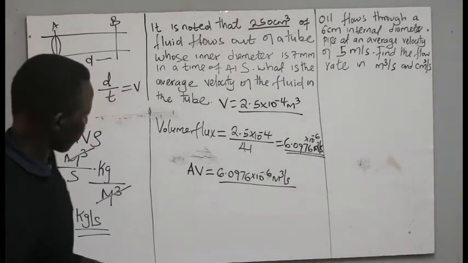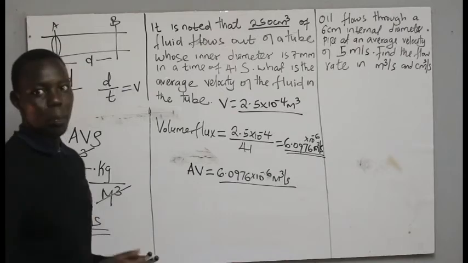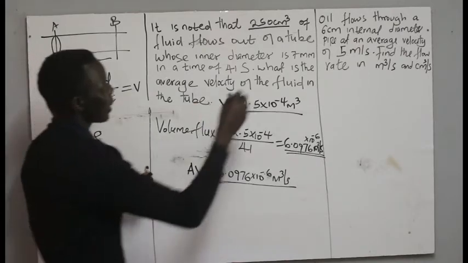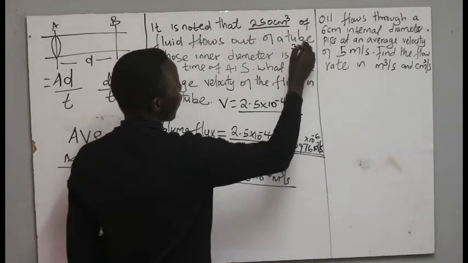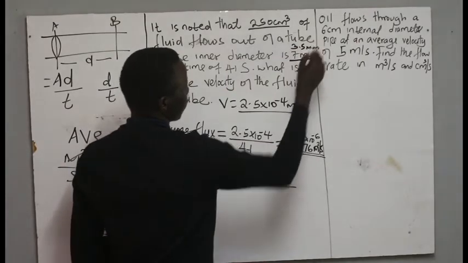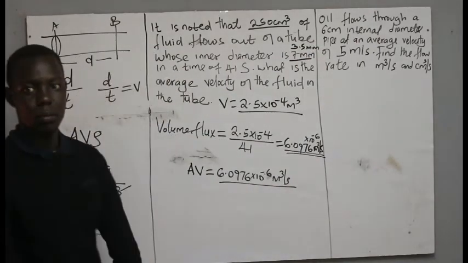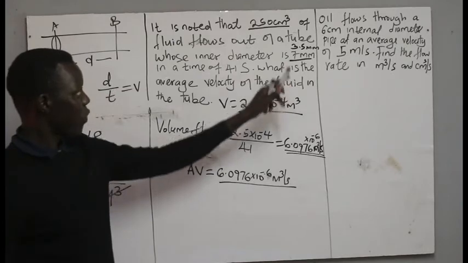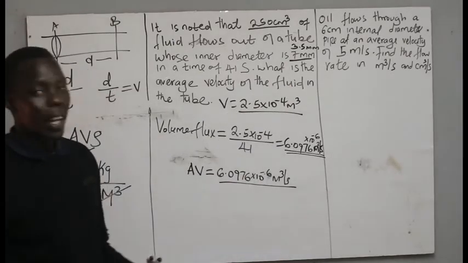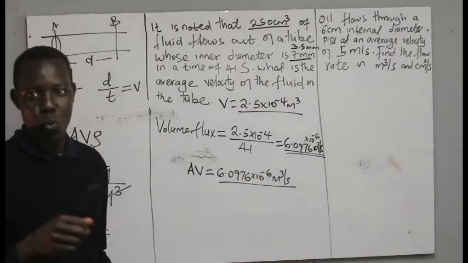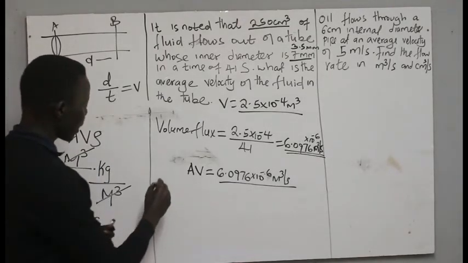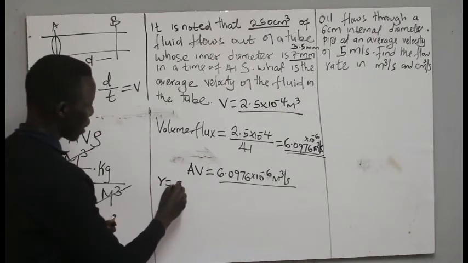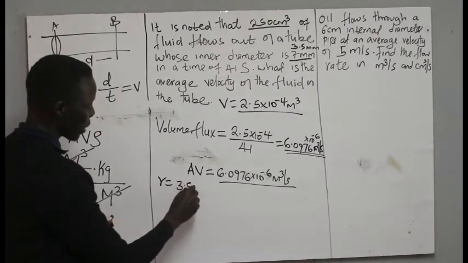So very simple. If this is the diameter, then the radius should be 3.5 millimeters. Then cross-section area is pi r squared.